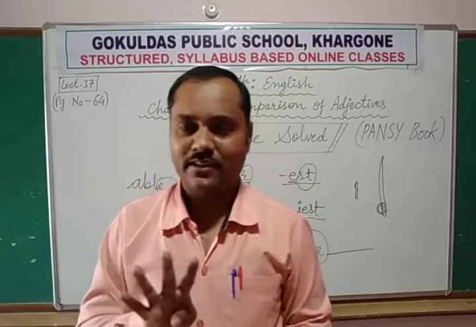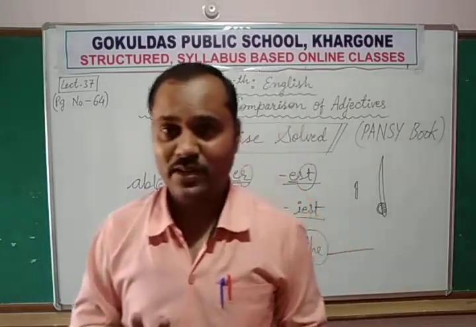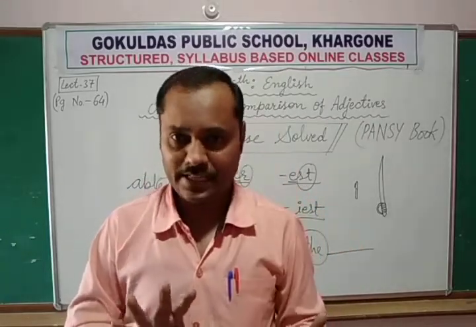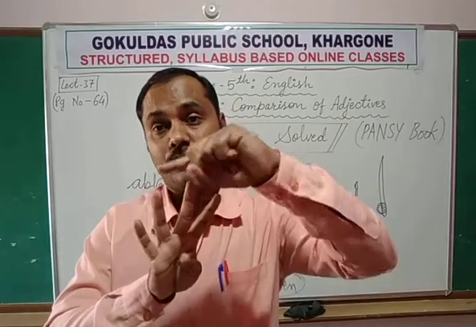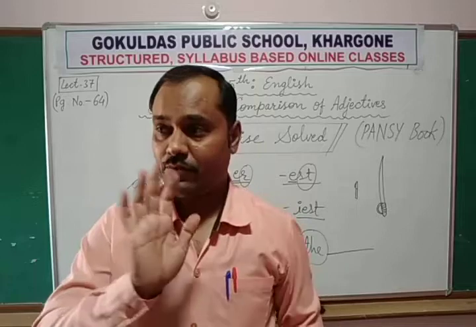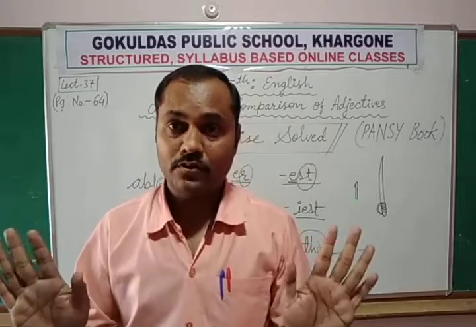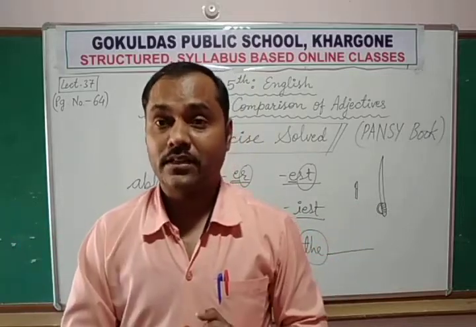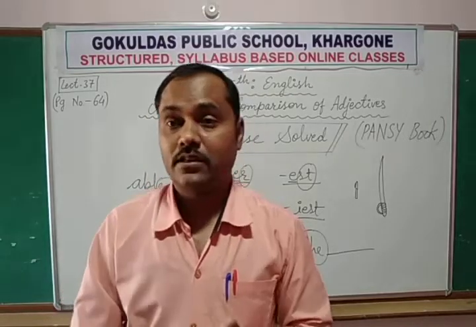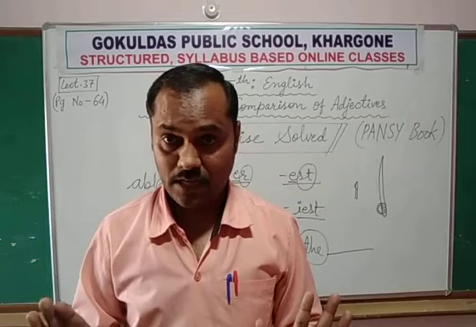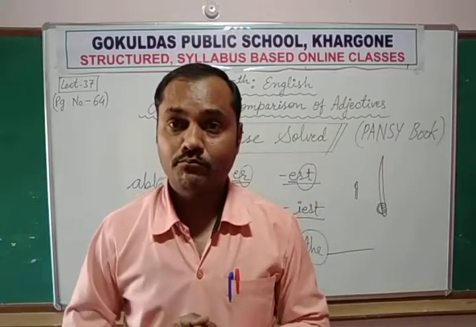So you can read that picture story, but it will not be asked in any exam. Chapter number 1, chapter number 2, then chapter number 4 and chapter number 5 that we have done in the book. That is also from your term 1. So term 1 syllabus means up to half yearly syllabus we have completed today.